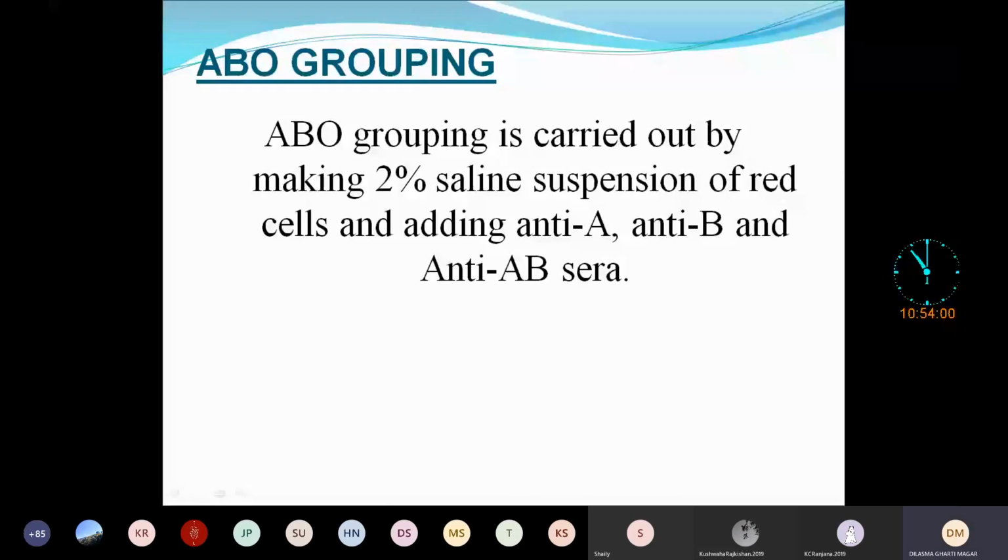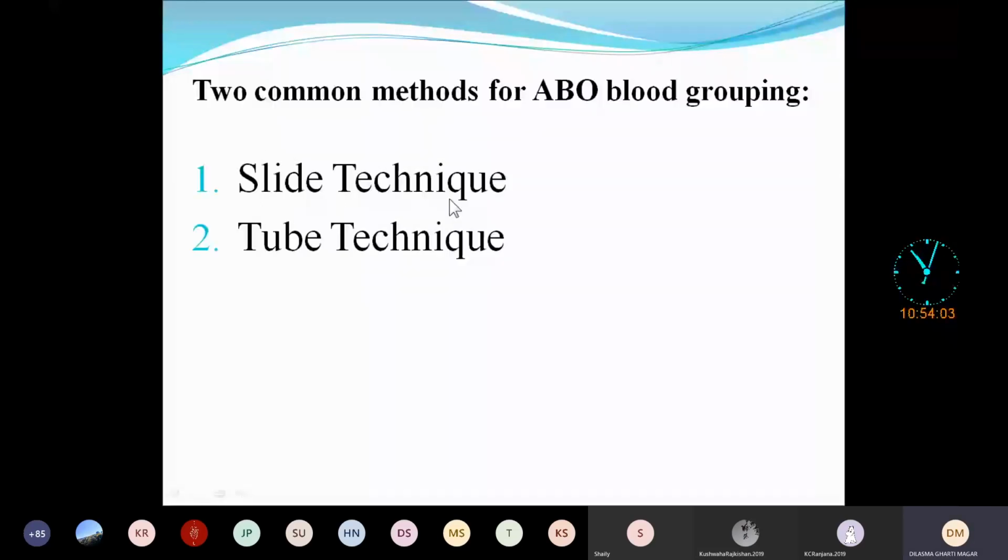There are different techniques or methods of blood grouping. One is the slide technique, and another is the tube technique. In the slide technique, we put one drop of blood on a slide, then put anti-A or anti-B sera, and see whether there is clumping or agglutination of the blood.